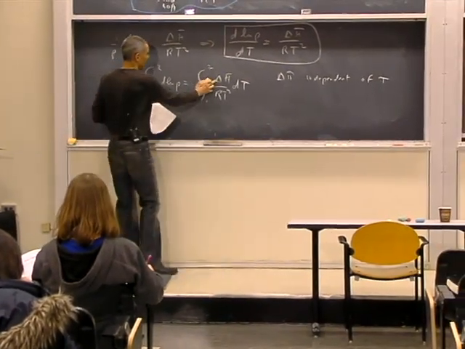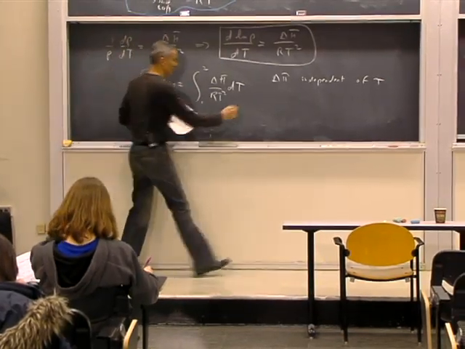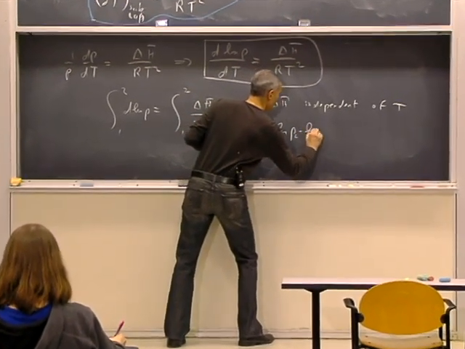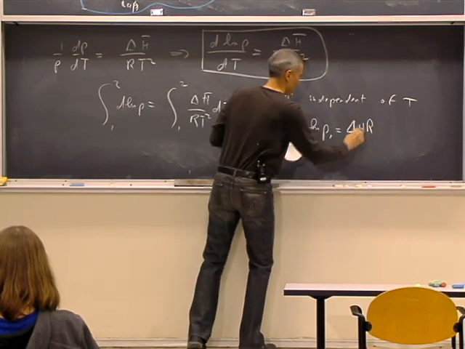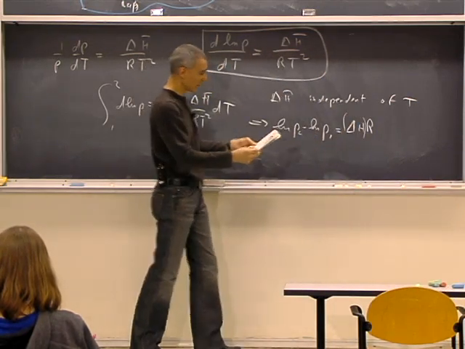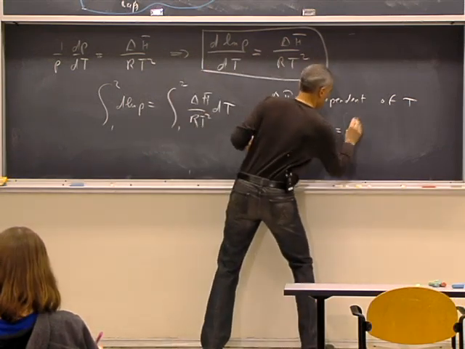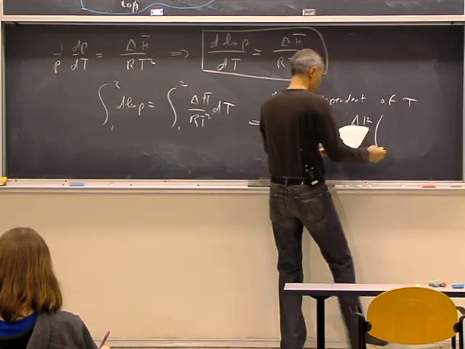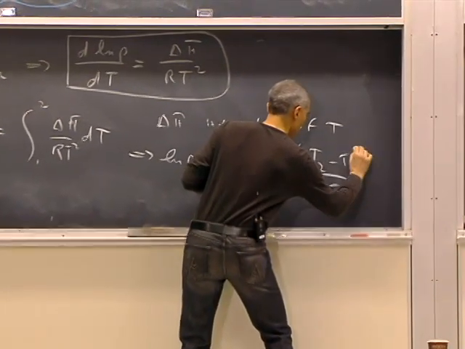So you can take the delta H out of the integral, the R out of the integral, and you can integrate both sides to give you log P2 minus log P1 is delta H over R times T2 minus T1 over T1 T2.